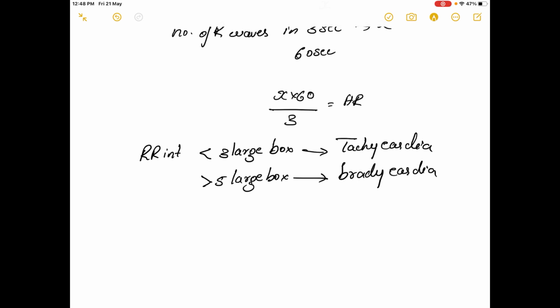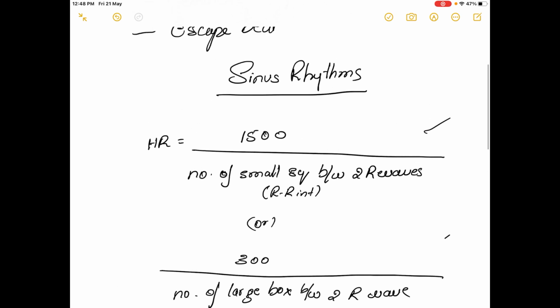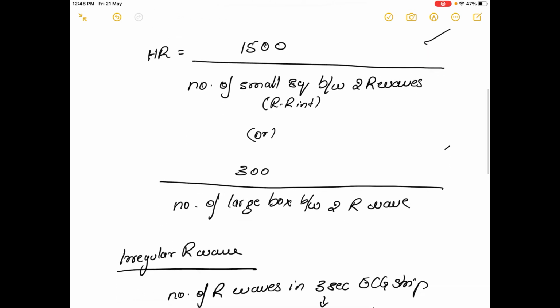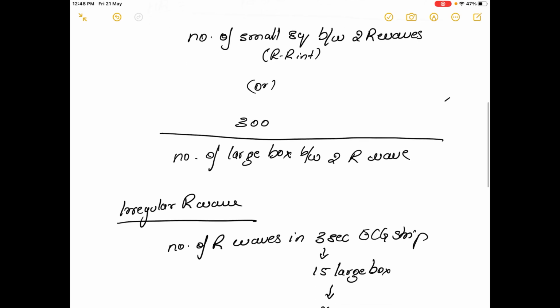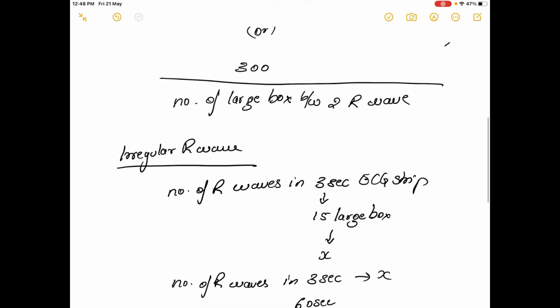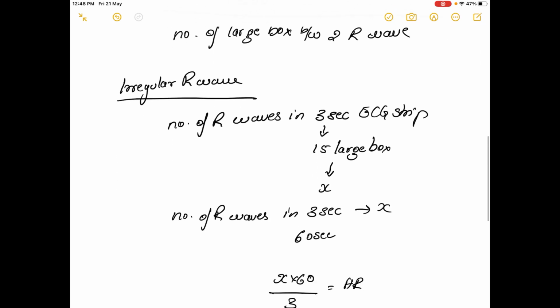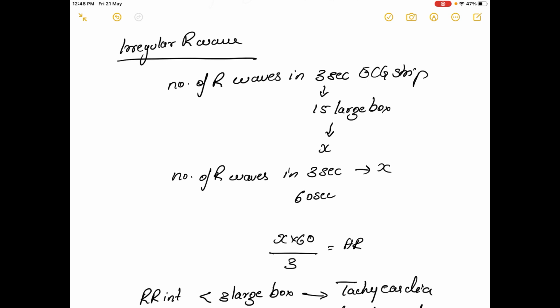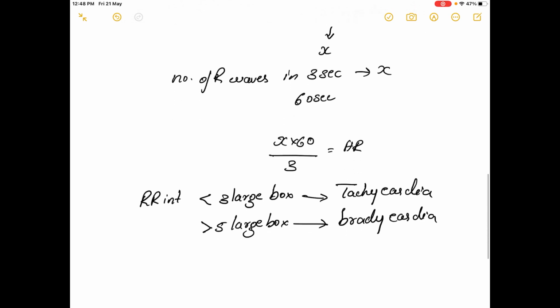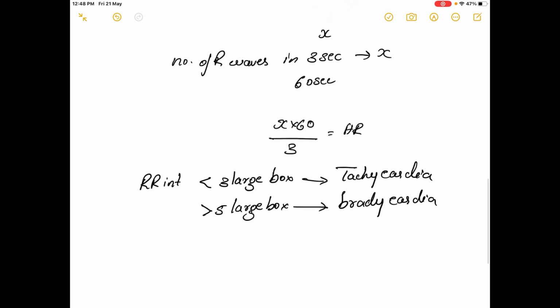So this is how we calculate the heart rate: 1500 divided by the number of small squares between two R waves, or 300 divided by the number of large squares between two R waves. In case of irregular R waves, we count the R waves in a 3-second strip and cross multiply to get the heart rate in 60 seconds.